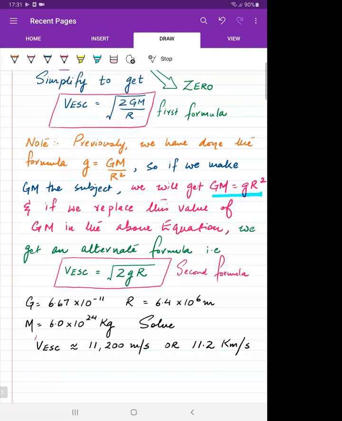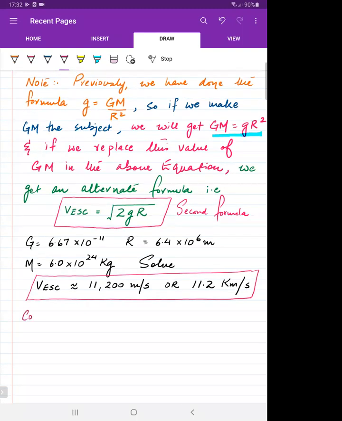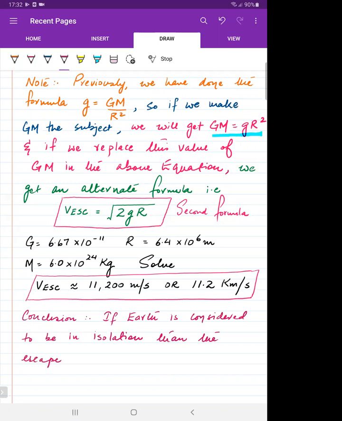So based on this answer, we can conclude that if Earth is considered to be in isolation, let me complete the statement, फिर read out कर दूं.